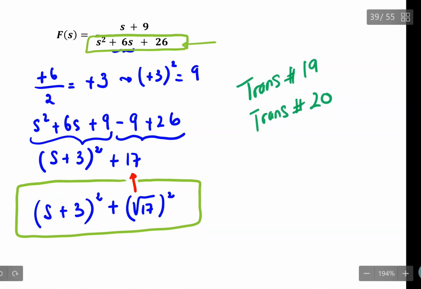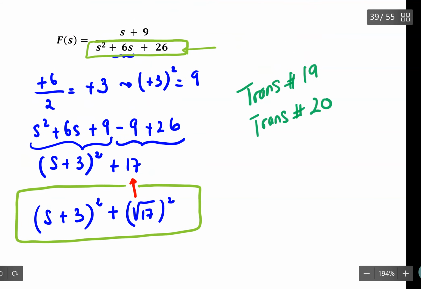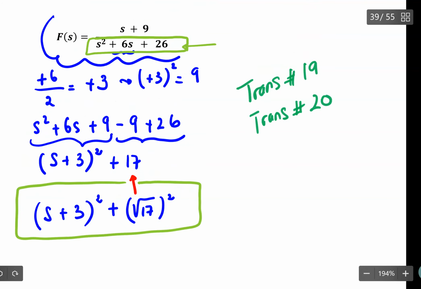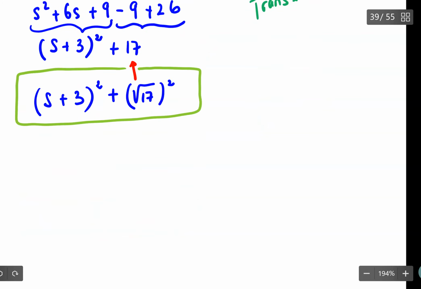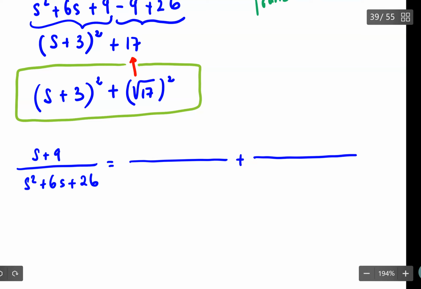Okay, so at this point, I need to break this fraction into 2. So I will have (s plus 9) divided by (s squared plus 6s plus 26) equal to the sum of two fractions. Adding two fractions, you need to have the same denominators.